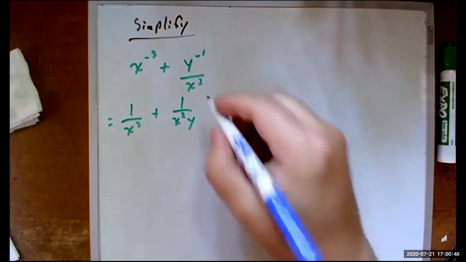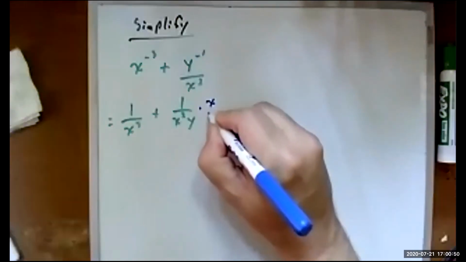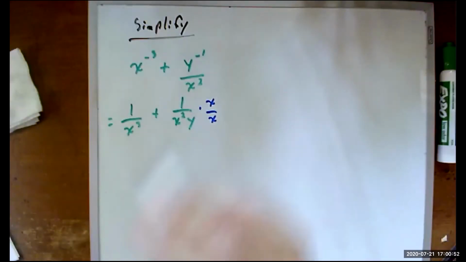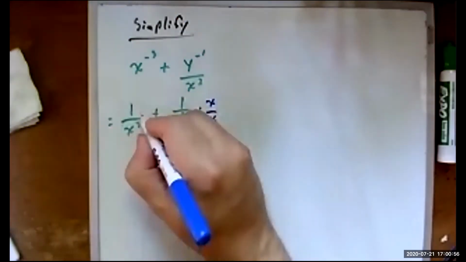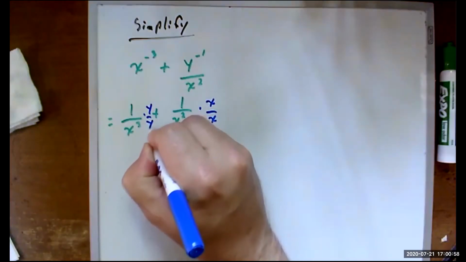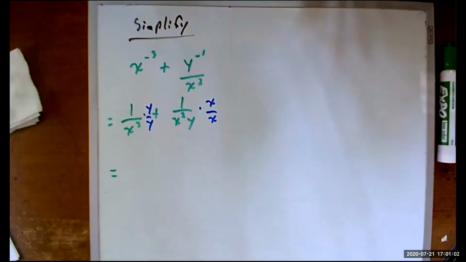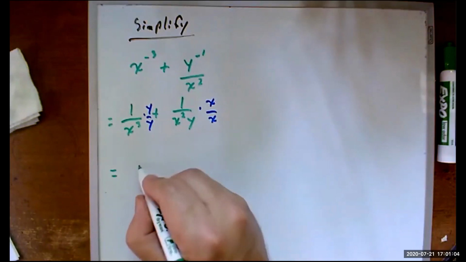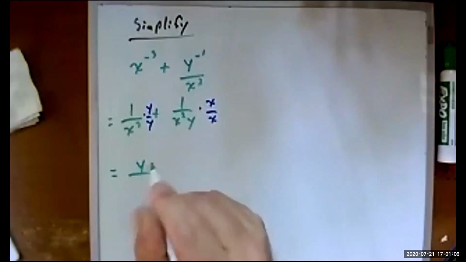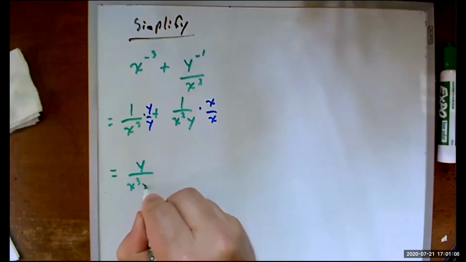Now we just have a pair of fractions we have to deal with. I need to get this side up to an x cubed, and I need to put a y on this side in order to make these balance. So this is going to multiply by x over x, and this side is going to multiply by y over y.